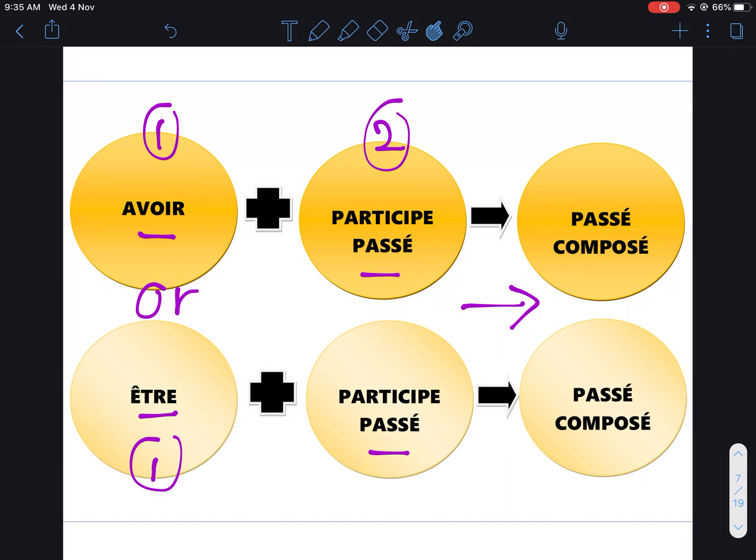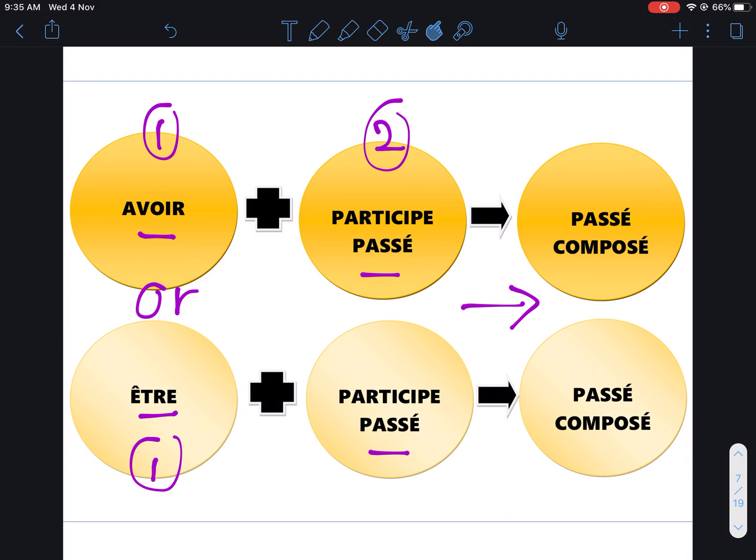I hope you are able to get the main idea of part 2, passé composé. Few points need to be taken care of. One, which passé composé verbs are formed with auxiliary avoir? Second, which passé composé verbs are constructed with auxiliary être?